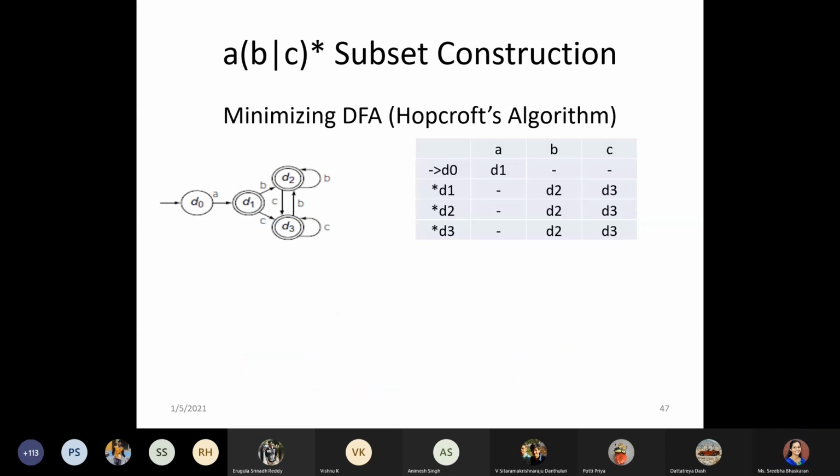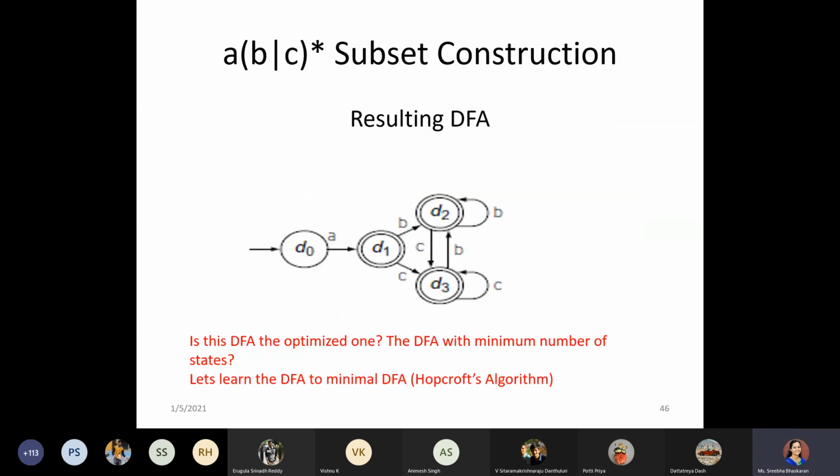Fine. So now moving on to the next point, that is minimization. Given your regular expression, by using Thompson's construction, we have generated the NFA. Once we get the NFA, we can generate the DFA by using subset construction. Once we get this DFA, we have to make sure that it has a smaller number of states.